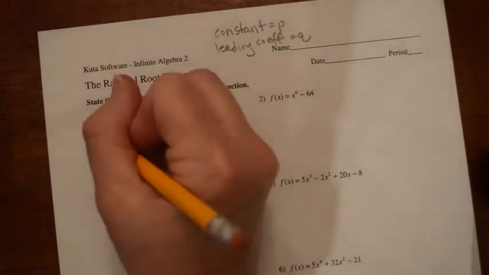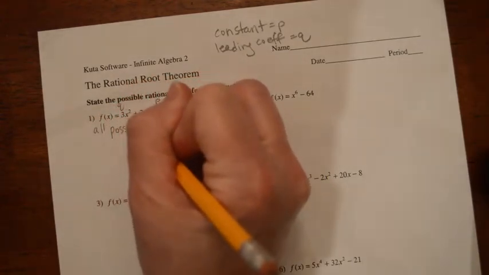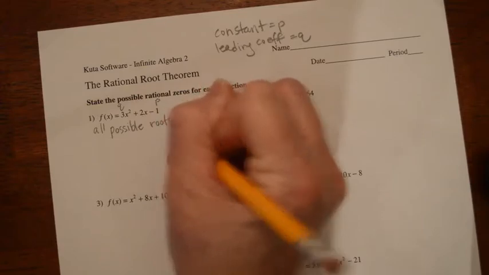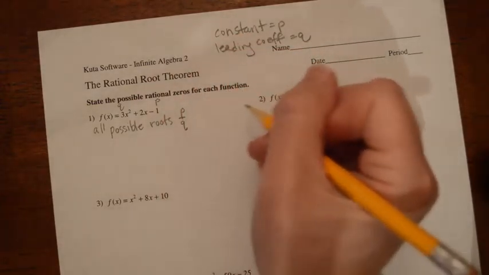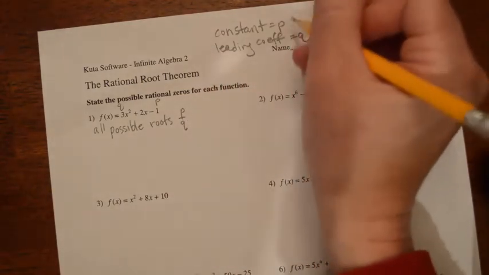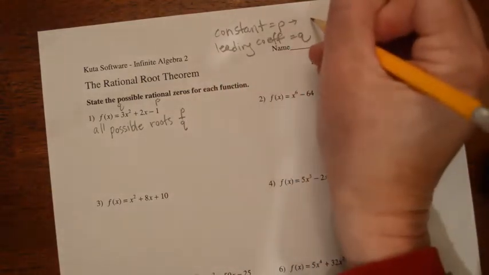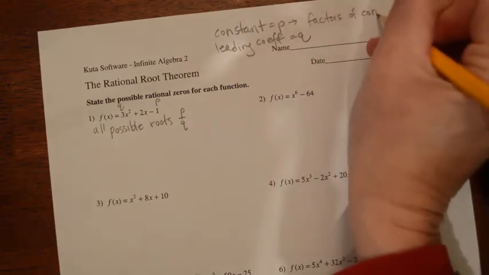That all possible solutions or all possible roots come in the form p over q, where p we're going to look for the factors of the constant term.